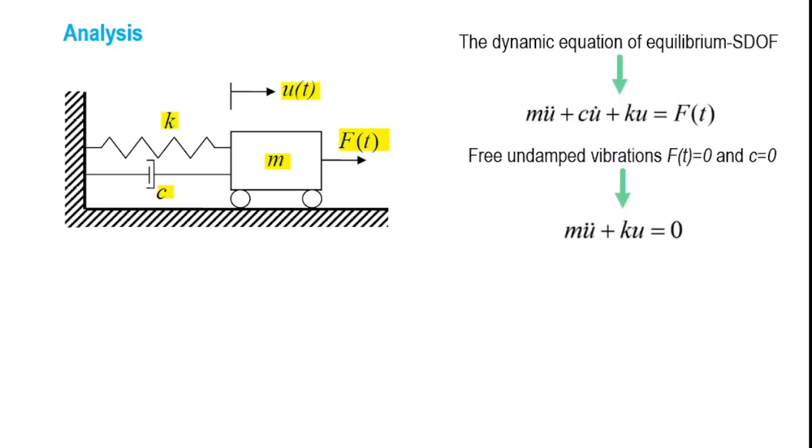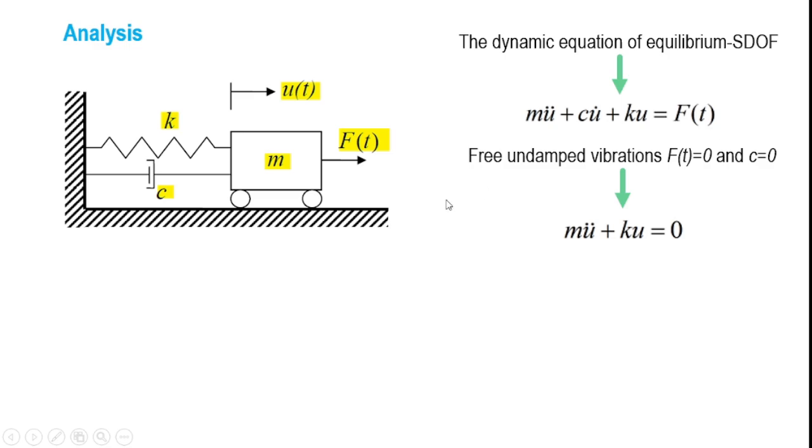As usual, this is our spring mass model that is used to analyze the response of the free vibration. It's a general classic spring mass model, and we know from our earlier discussion that the dynamic equation of equilibrium for the SDOF can be represented through the equation m u double dot plus c u dot plus k u is equal to F(t).